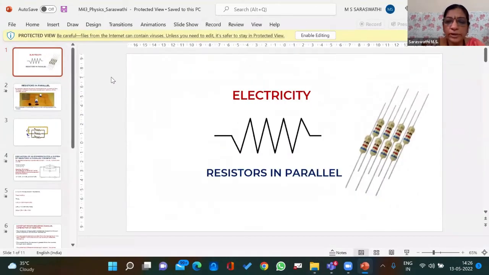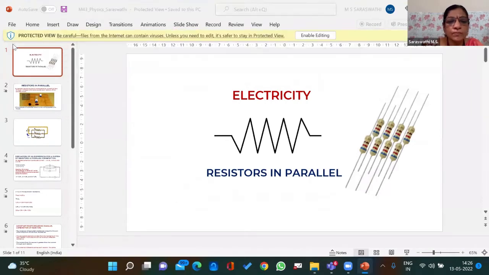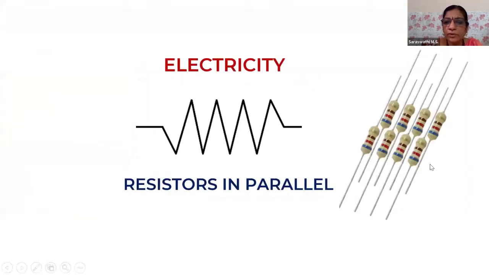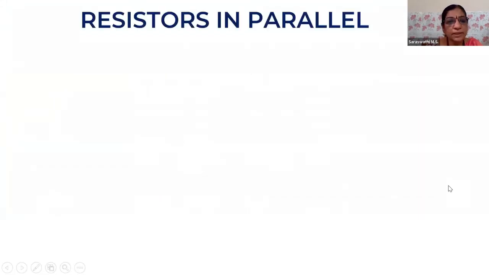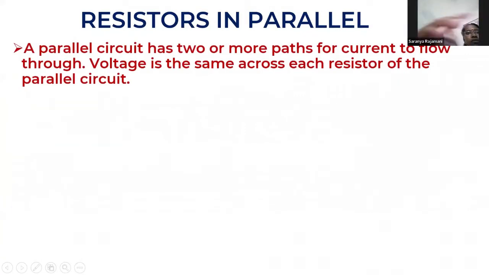So now we are going to discuss resistors in parallel. When you connect a system of resistors parallel to each other, what will be the effective resistance? A parallel circuit has two or more paths for the current to flow through.